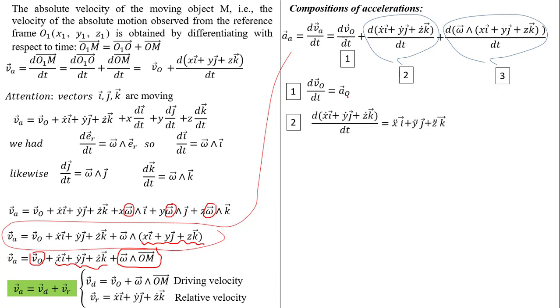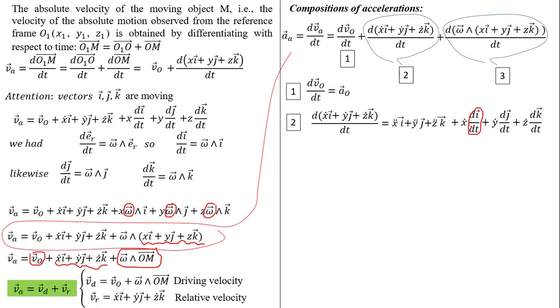The second term will give us, as we said that x is changing with time, and I is also changing with time, so we will have x double dot I plus y double dot j plus z double dot k plus x dot di over dt plus y dot dj over dt plus z dot dk over dt. Again, we will reduce this writing.